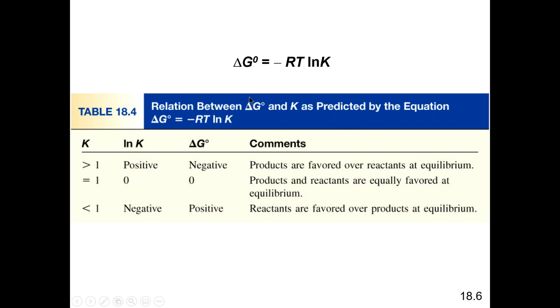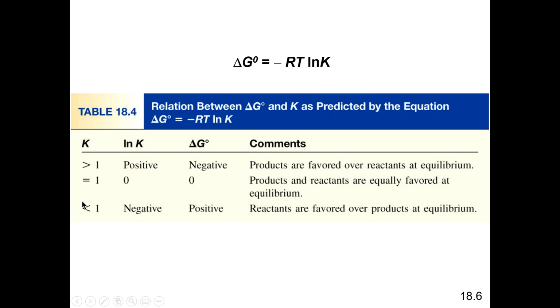Okay, so this is what I was alluding to earlier when I was saying that there's a sort of inverse relationship between delta G standard and K. So if K is greater than 1, that means that ln K is positive, which means that delta G standard is negative. And of course, what that means is that at equilibrium, you're going to have more products over reactants. When K is equal to 1, ln K is equal to 0, delta G standard is 0, which means that the products and reactants are equally favored at equilibrium.